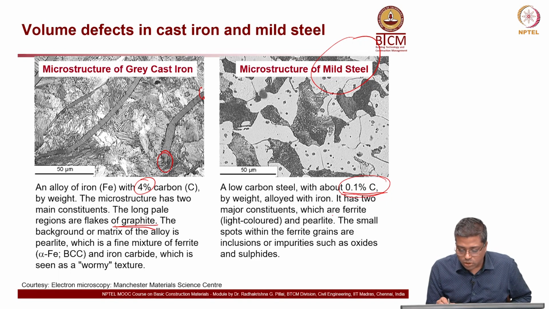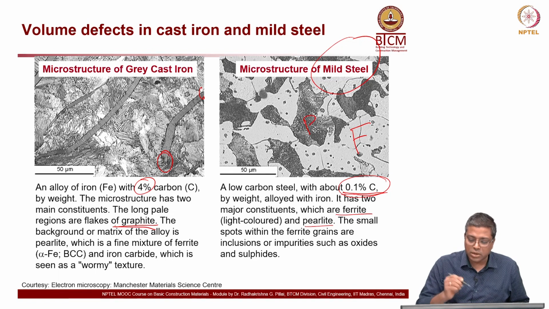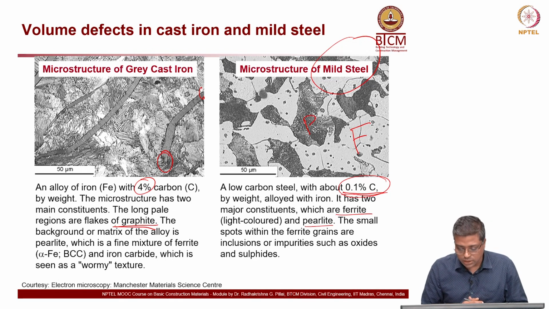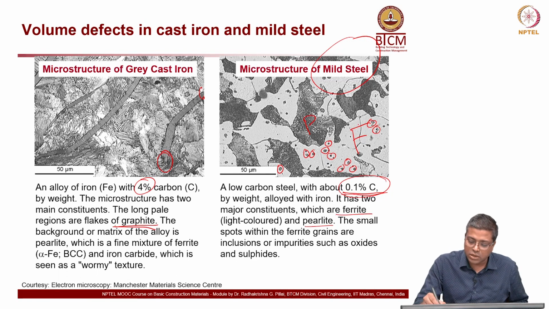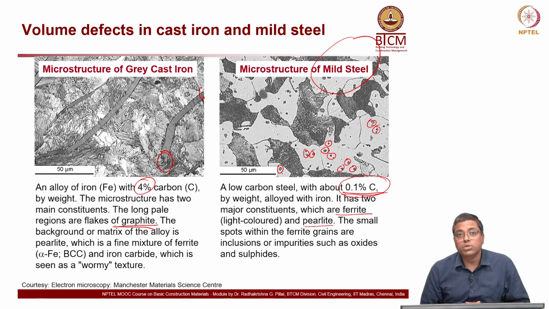It has two major constituents: ferrite, which is the light colored region here, let's call it F, and pearlite, which is the darker shaded region. The small spots within the ferrite, the white space, spread widely in this light gray phase, are inclusions or impurities such as oxides and sulfides.